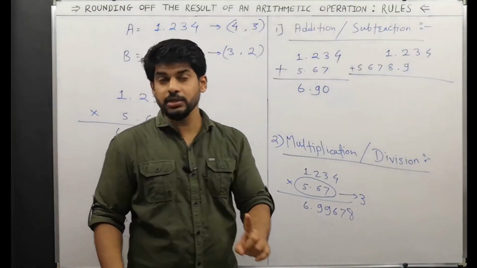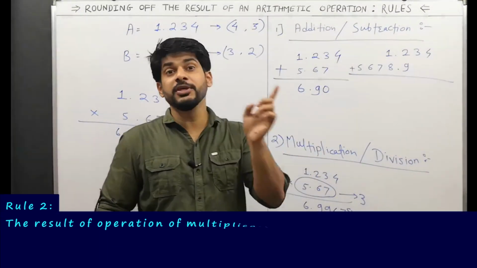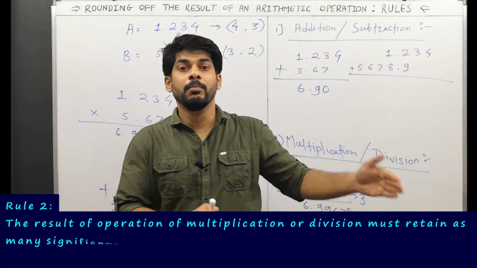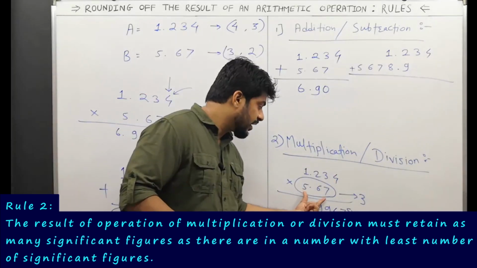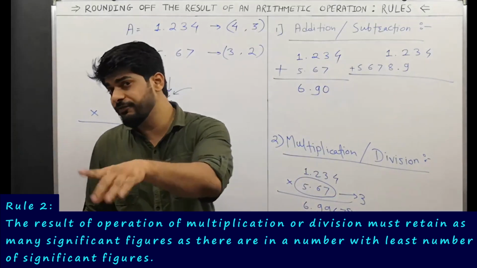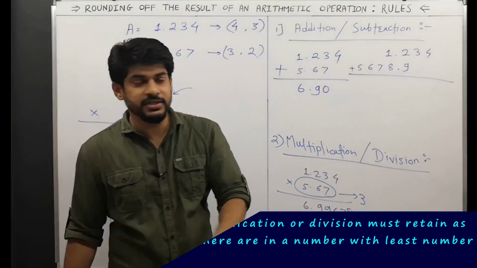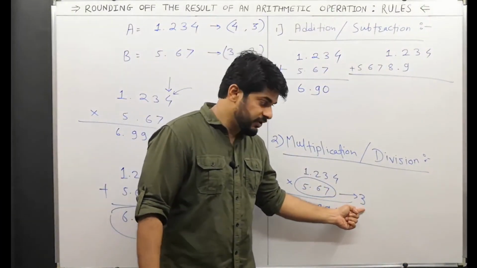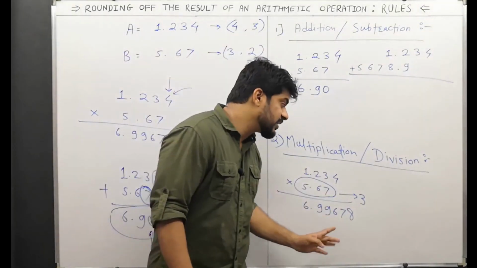The rule says that the result of multiplication or division must retain as many significant figures as there are in the number with the least number of significant figures. That number has 3 significant figures, so the answer must also contain only 3 significant figures.